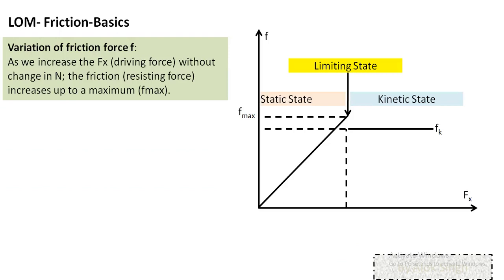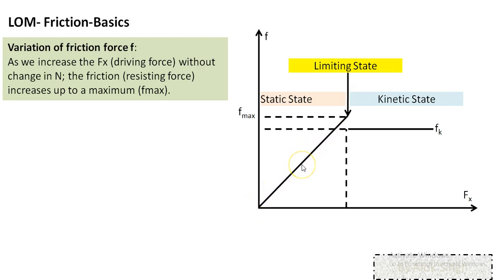First, the variation of friction force F. As we increase Fx, the driving force, without change in normal reaction, the friction force, or the resisting force, increases up to a maximum. If I plot the driving force Fx, which is trying to slide the block, on the x-axis, and the corresponding friction force on the y-axis, we find that in the static state the relationship is linear.